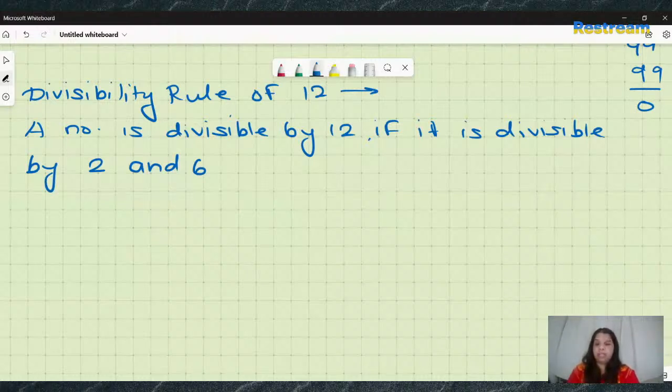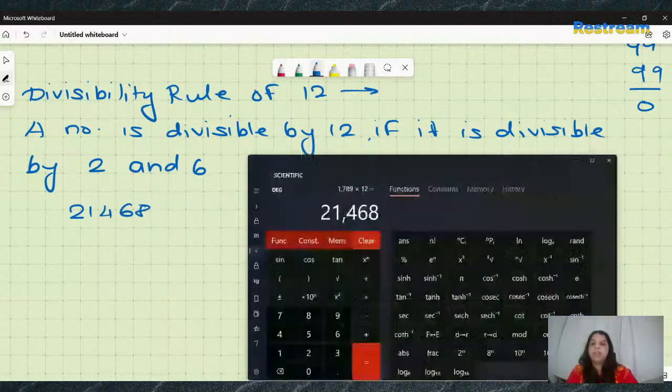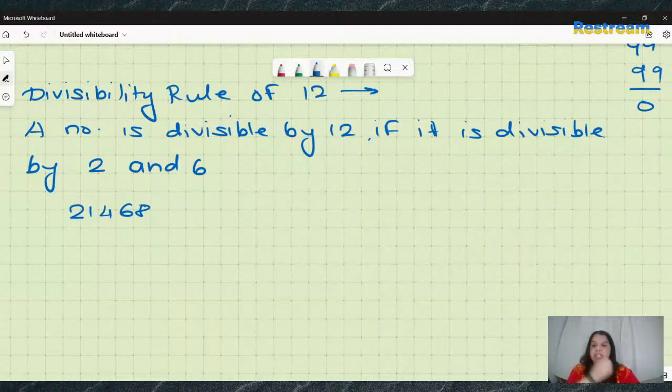So we are going to take a big number, 21,468. Am I correct? Yeah. Now we have to see, is this number divisible by 2? Yes.